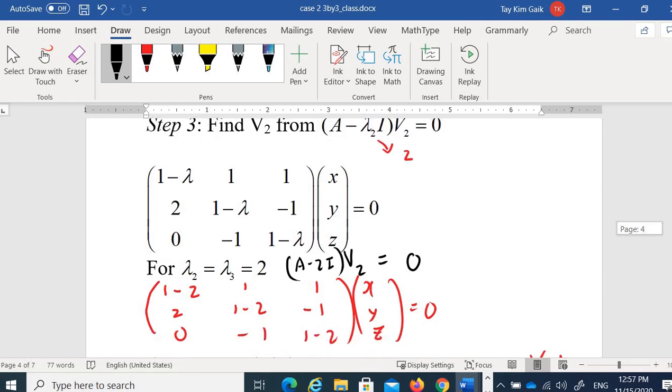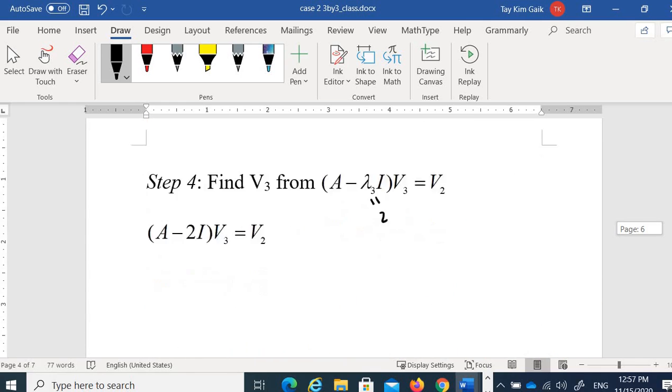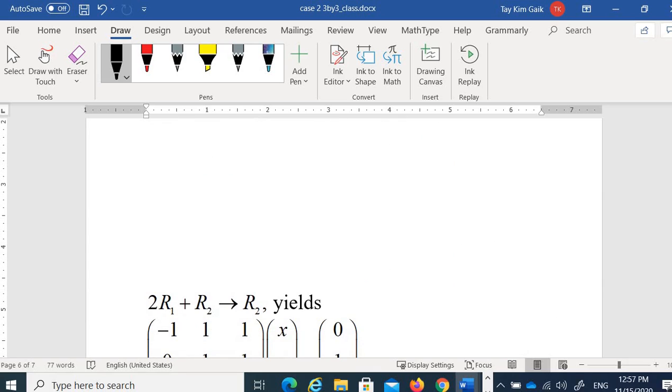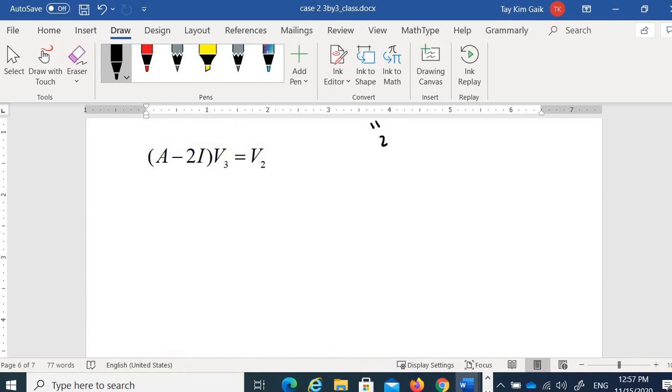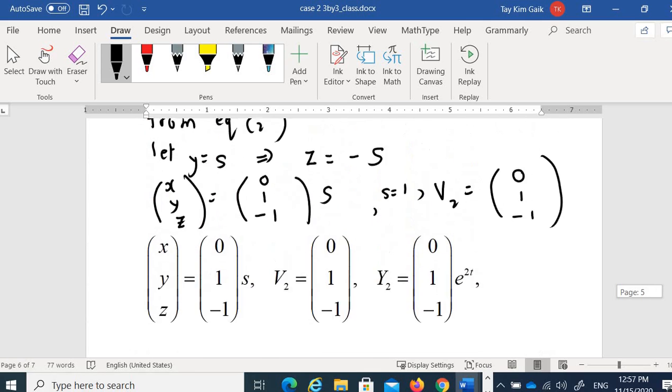Okay, slowly we do it. A minus 2I. Easier and faster to copy it from here.